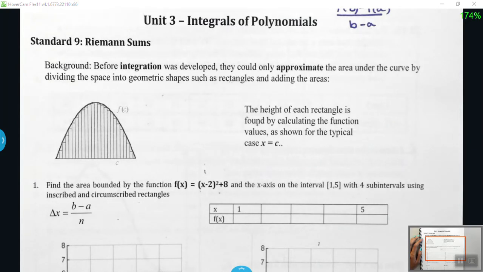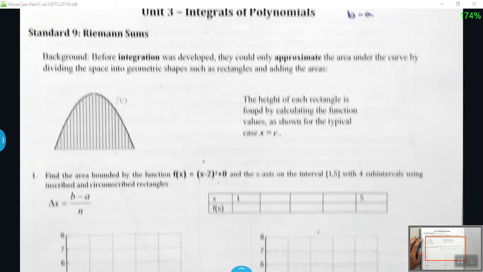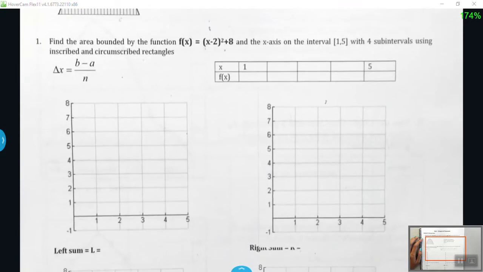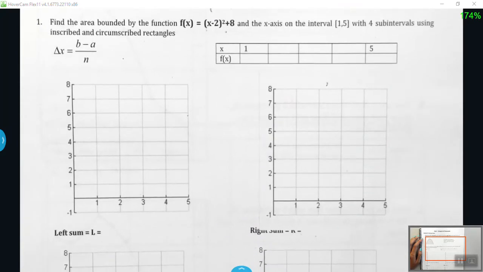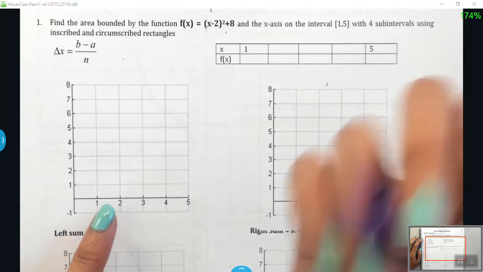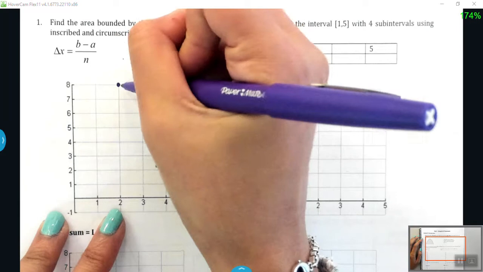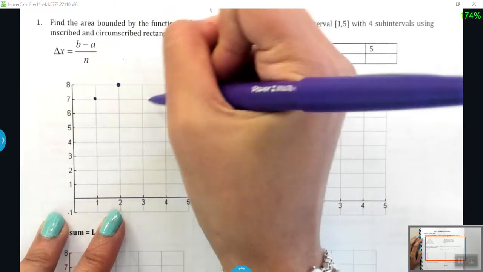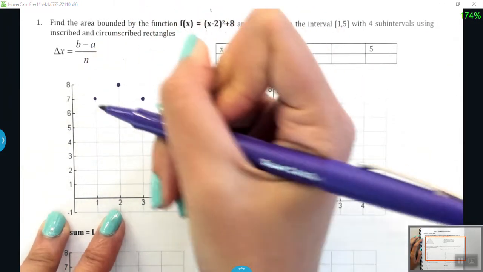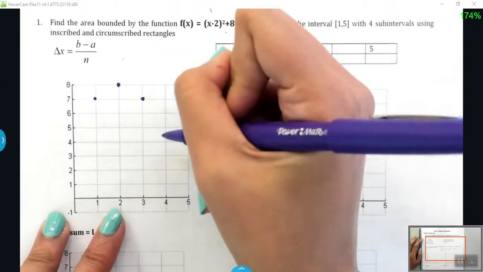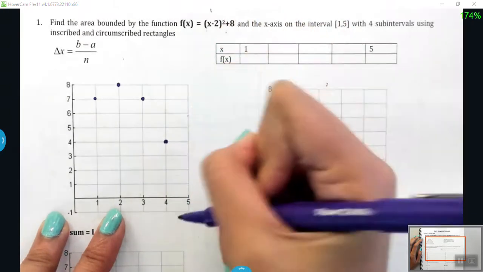That's our approximation. Okay? So let's say we start with this function, f of x equals (x minus 2) squared plus 8. So that is a graph shifted left 2, up 8. I made it nice for us. And then it's down 1 over 1. And then the next one is 4, 4.